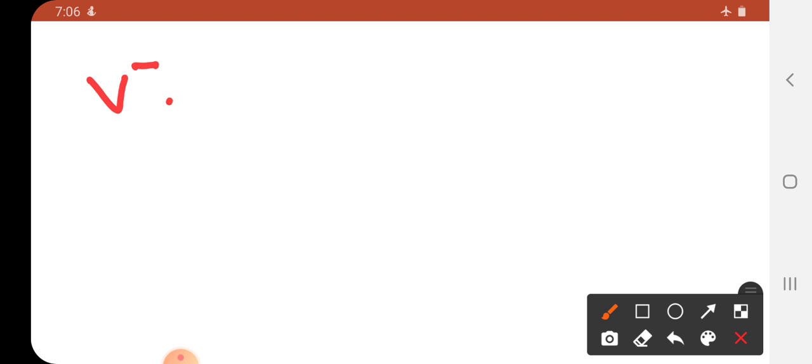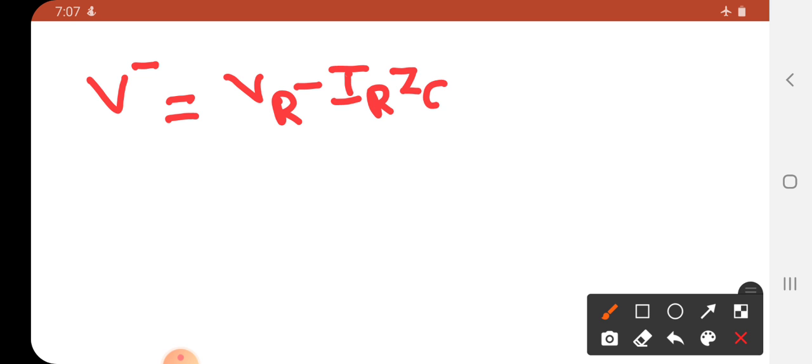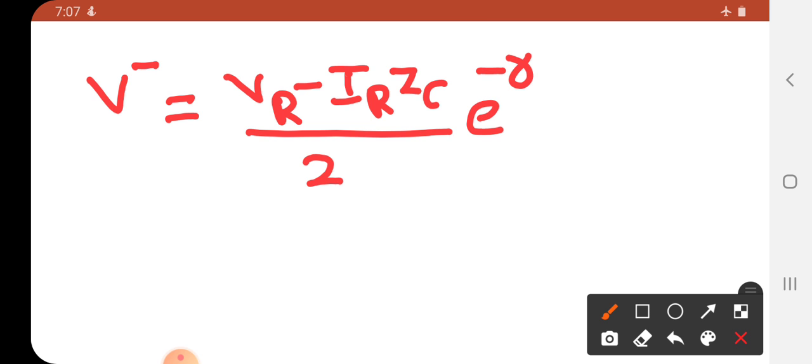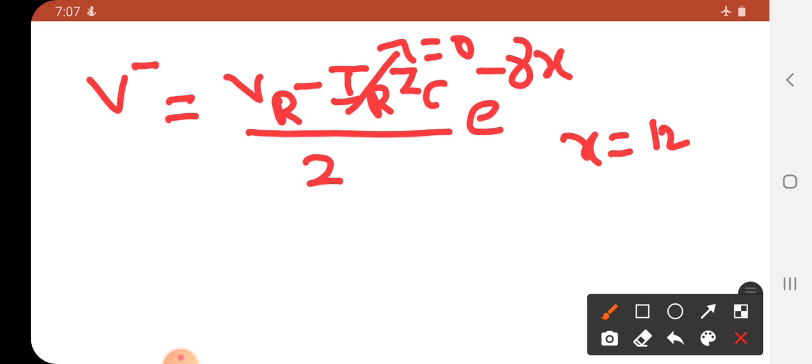Reflected voltage V minus is equal to VR minus IR into ZC by 2 into e power minus gamma x, as IR is equal to 0 and x is equal to 120.